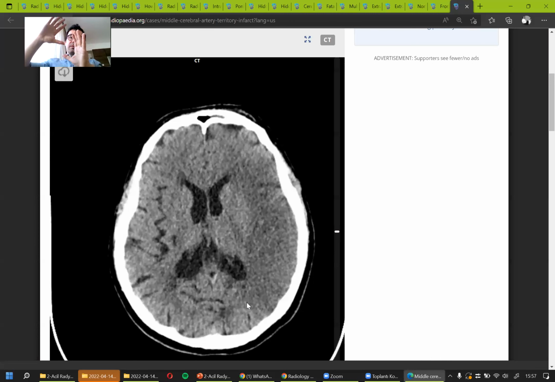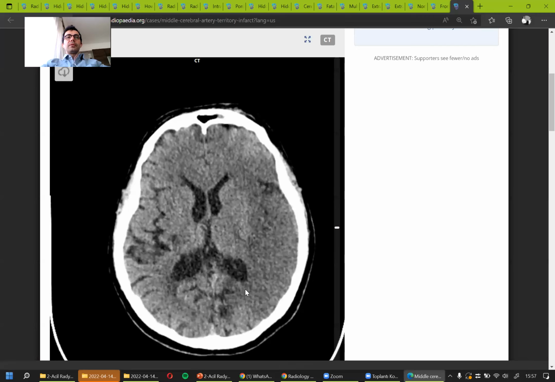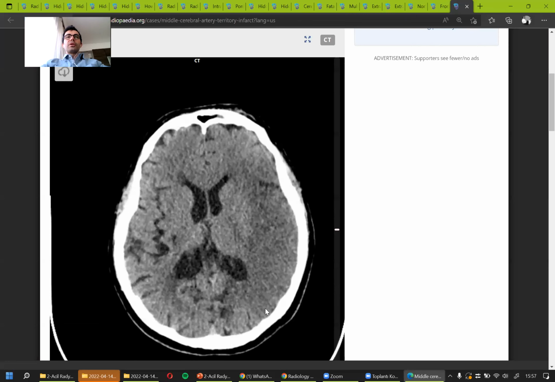There is some local asymmetrical appearance. So this area probably has edema, and this area actually corresponds to some arterial territory, like the middle cerebral artery territory.